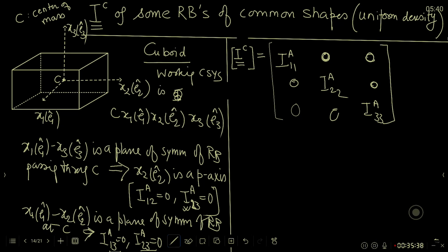So this edge is A, known, this edge is B, this is A, and this edge is C. Let's use these symbols to denote these known values A, B and C. Now I need to find IA11, IA22, IA33 in terms of what?